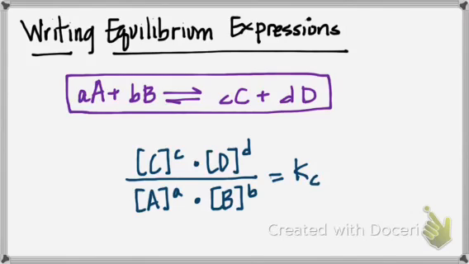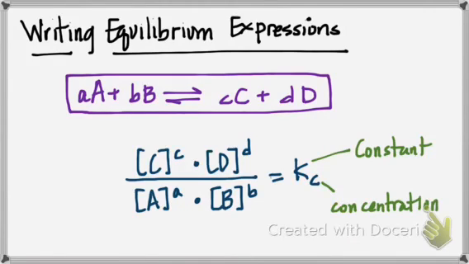Number one, this K stands for constant. I have to spell constant right, but that's okay. So I've got constant here, and that subscript C means that you're dealing with concentration. There are different constants out there, so it's important to pay attention to your subscript.